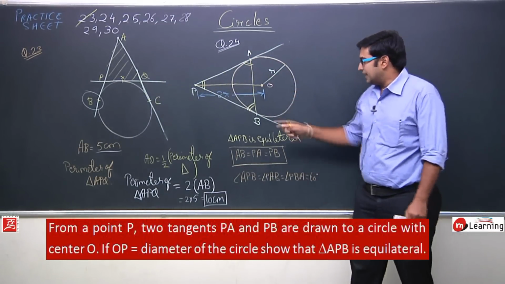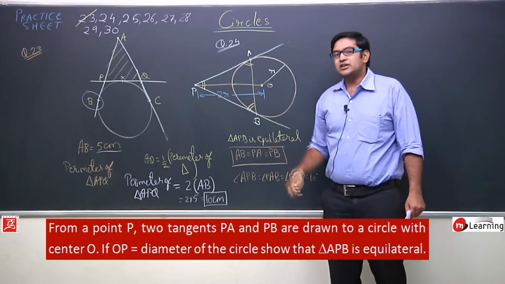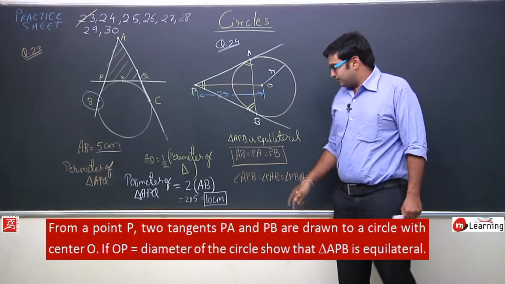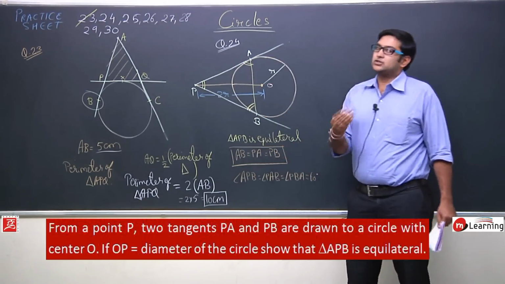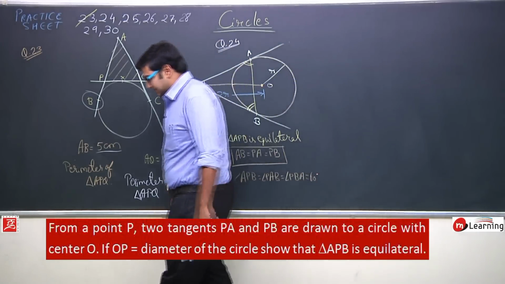So if I prove that all these three angles are 60 degree, I can say that this is an equilateral triangle. Or if I prove all three sides equal, then also I can say that this triangle is an equilateral triangle. It's very easy to say this.